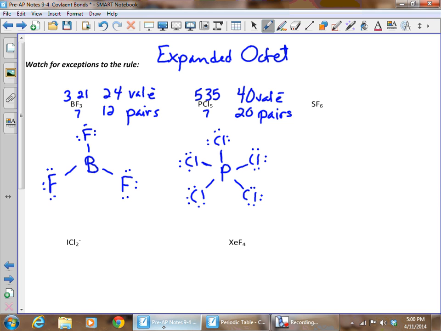SF6, 6 for sulfur, 7 for each fluorine, that's 42, so we've got 48 valence electrons total, 24 pairs. We've got a lot of electrons. I'll tell you, you will have dotted your paper like no other on this assignment, but we've got sulfur in the middle. It says to put 6 fluorines around it, so that's exactly what we're going to do.